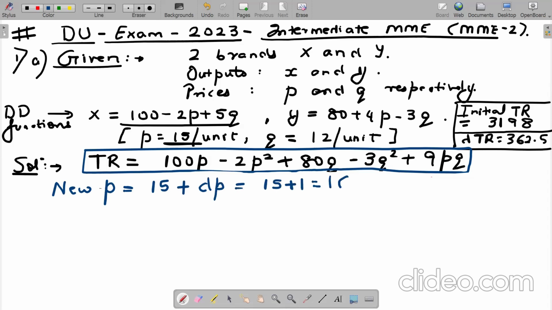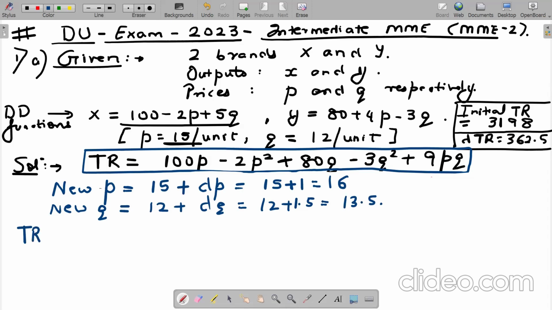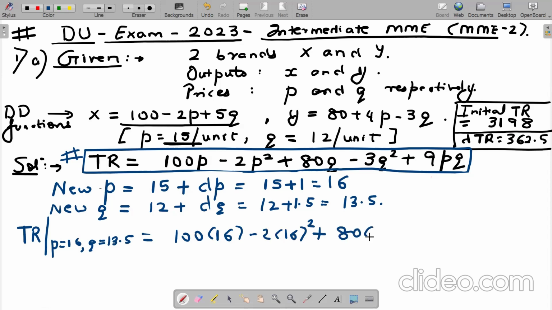So 15 plus 1 is 16. And new Q is going to be the old Q plus change in Q, which is 12 plus 1.5, which is 13.5. So my total revenue at the new price of 16 and new quantity of 13.5 is going to be, in this expression, just put P as the new price, which is 16, and put Q as the new Q, which is 13.5.